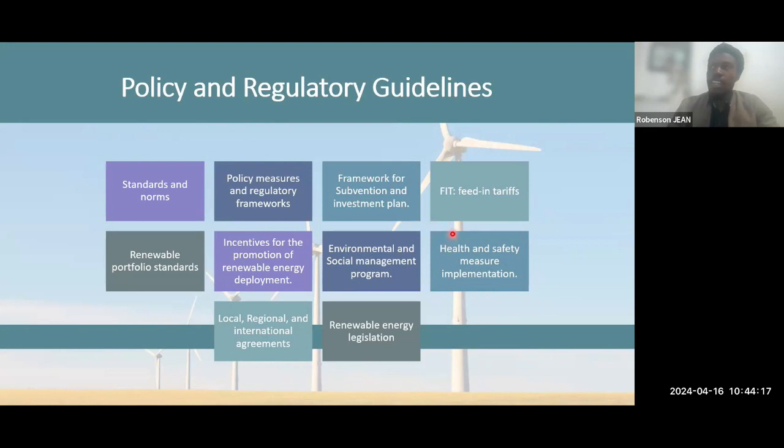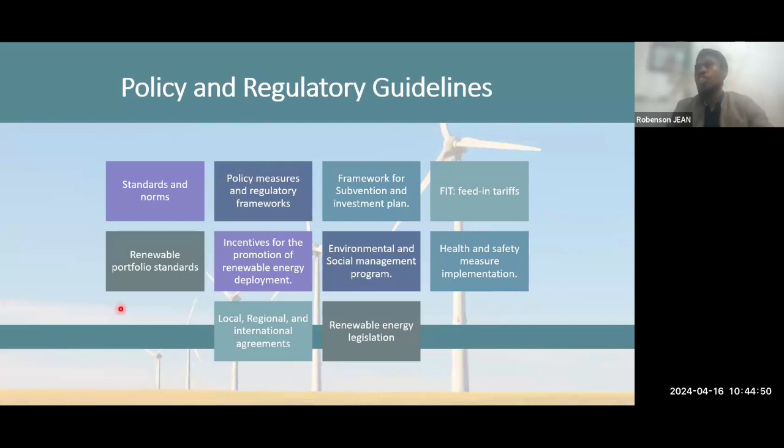So this is a way to increase the interest in implementing renewable energy projects, and also to have a decentralized system where we can have various providers, and at the same time, the people will have an extra income. But this is a fixed tariff.